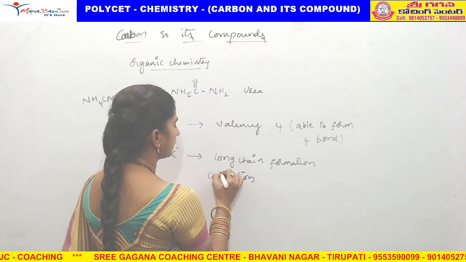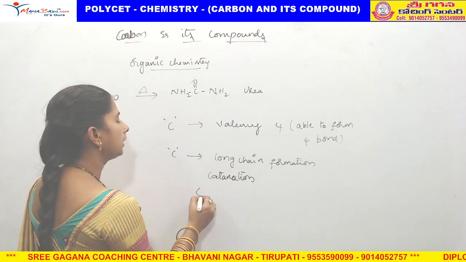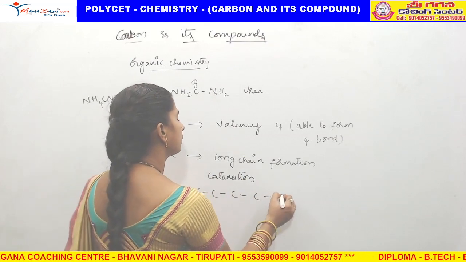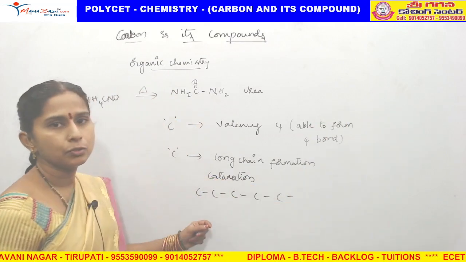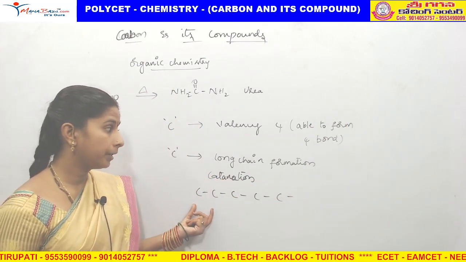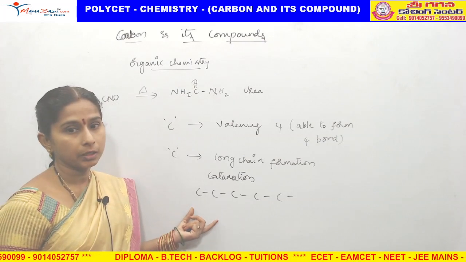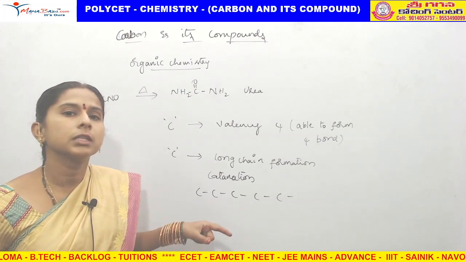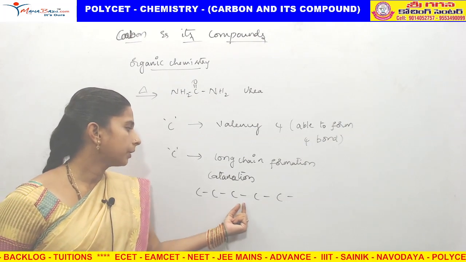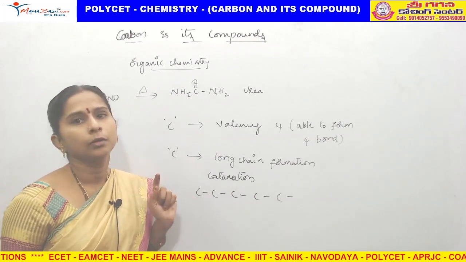What is meant by the catenation property? By linking with carbon, it is able to form a long chain. There is no other element having this property. Catenation property means formation of a long chain with the same element.